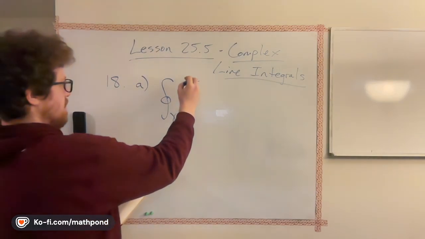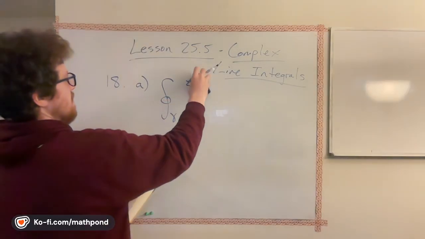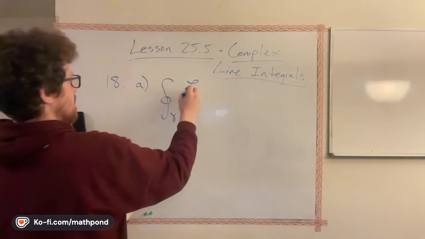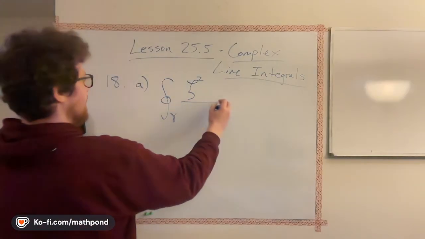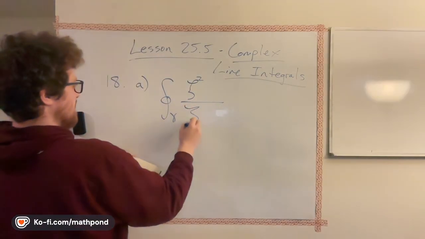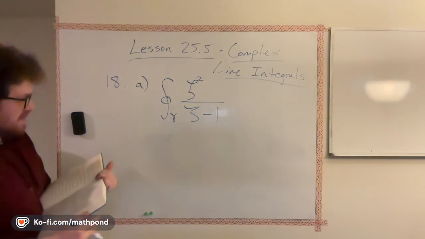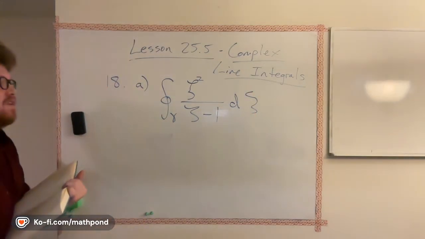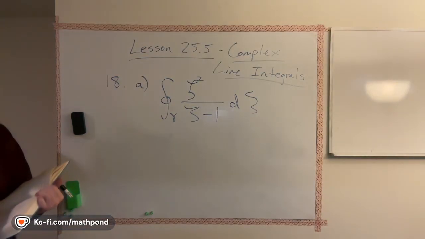I'm really bad at writing these. Is this a zeta? Yeah. Is that it? Sort of. I haven't done this in a while. There we go. That was better. d zeta. Each one is different.